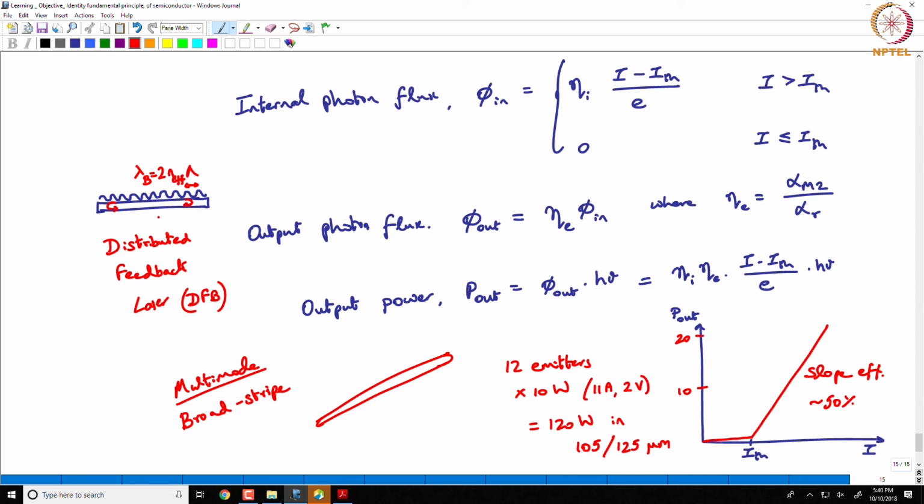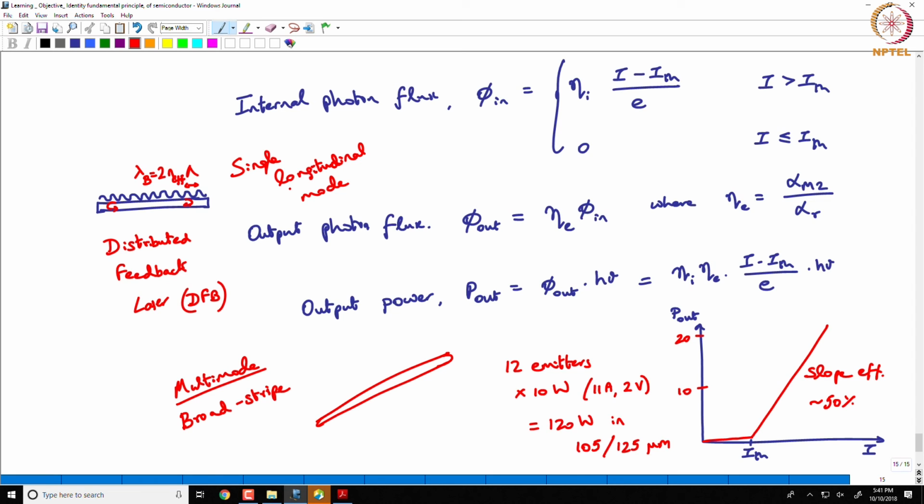So, similarly, if you have a distributed feedback laser, you can actually get single longitudinal mode operation. With a distributed feedback laser, you can have only one longitudinal mode oscillating.